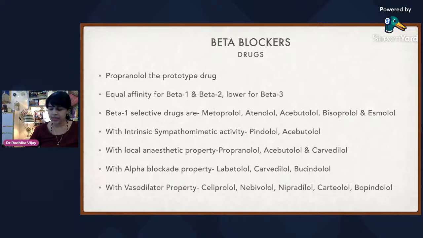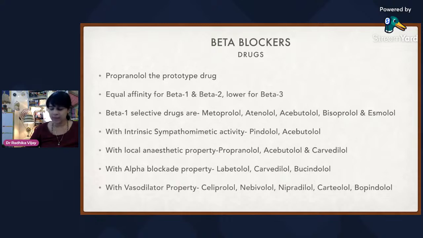Then many beta blockers show intrinsic sympathomimetic activity, and these specific drugs are pindolol and acebutolol. They can partially activate the beta receptors.